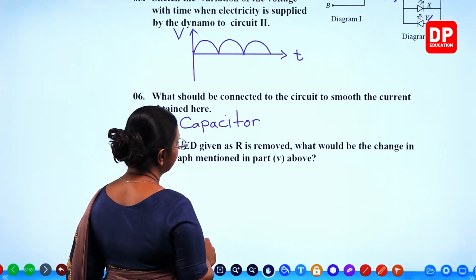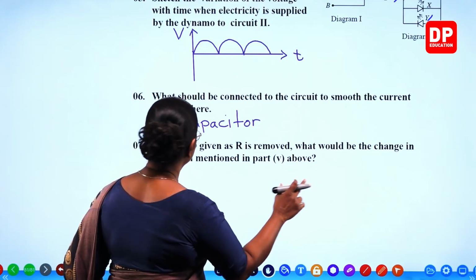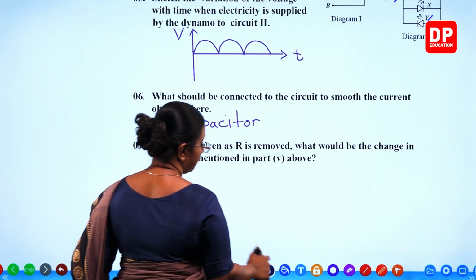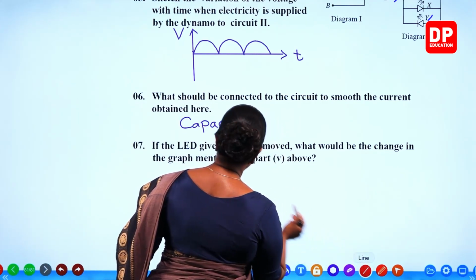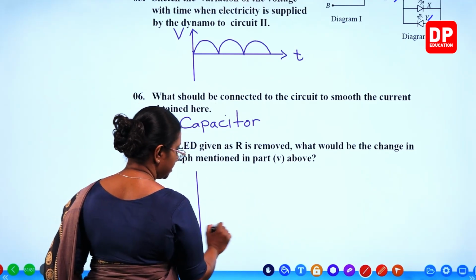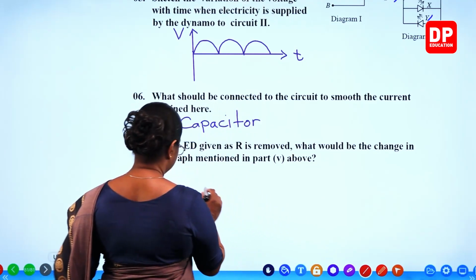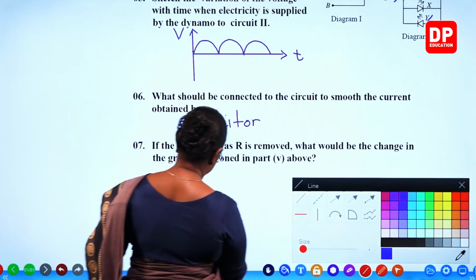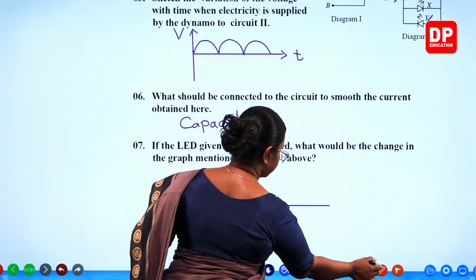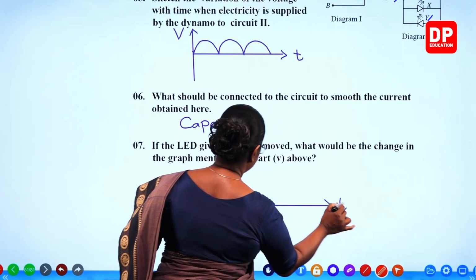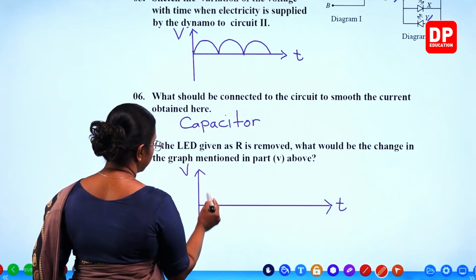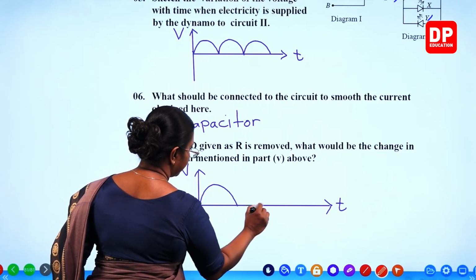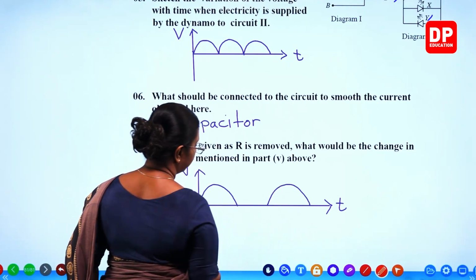If the LED given as R is removed, what would be the change in the graph mentioned in part 5 above? So if you show the change there, with time and voltage, you will have a half wave rectifier.